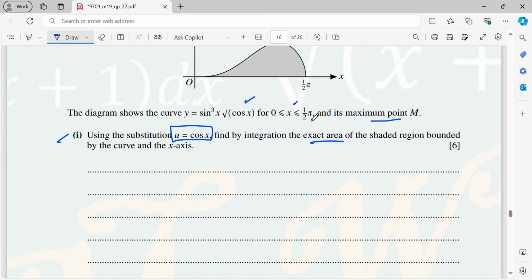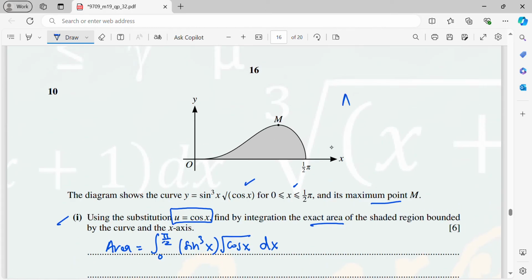Okay, so now basically the area equals the integral from 0 to half pi of the function sin cubed x times square root cos x dx, because our formula is integrate y dx, for regions bounded towards the x-axis.